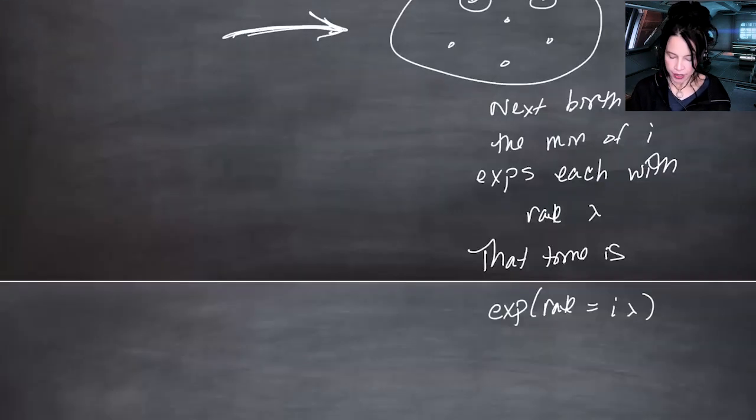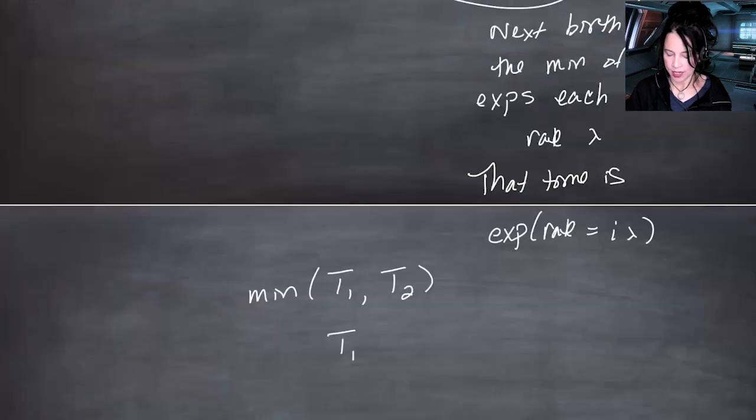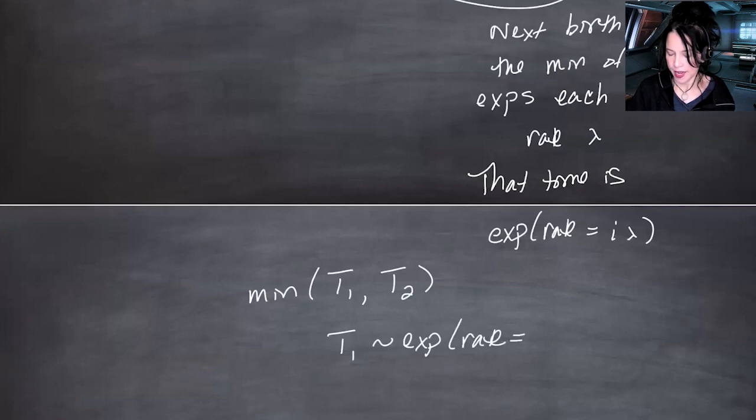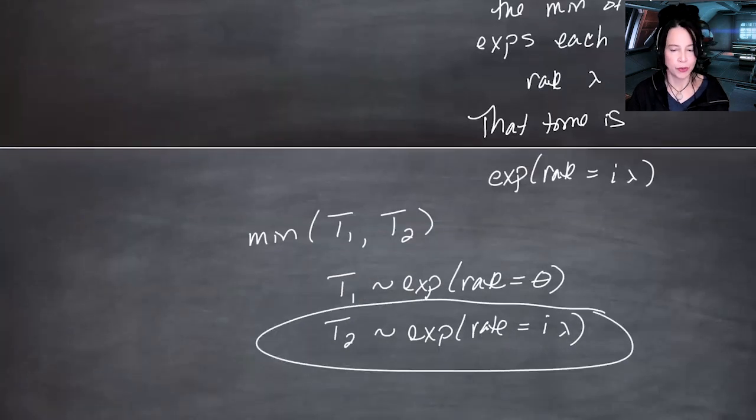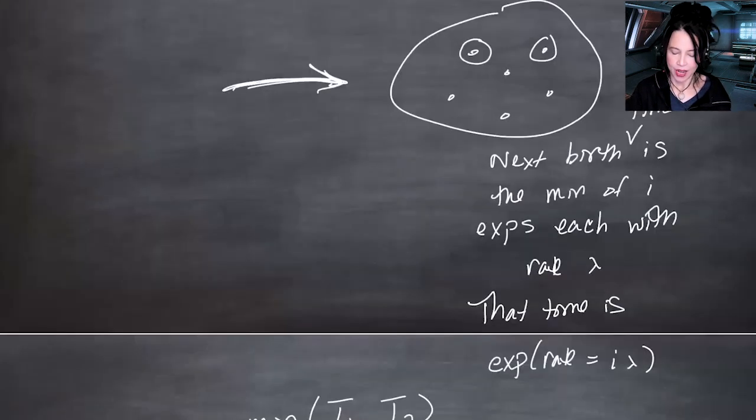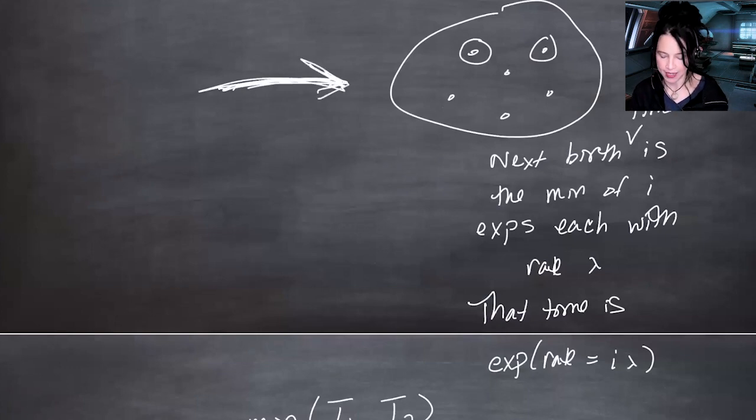So I want to look at the minimum of a T1 and a T2, where T1 is exponential with rate theta, and T2 is exponential with rate I lambda. So I took I exponentials and made them into 1. And then we have to compare it also with this. If the immigration comes first, that's how the population size increases.